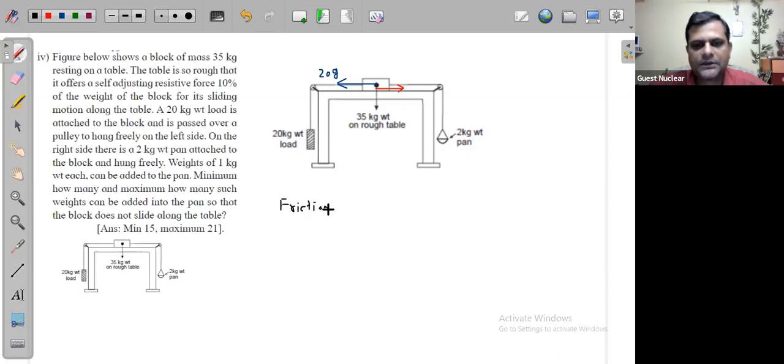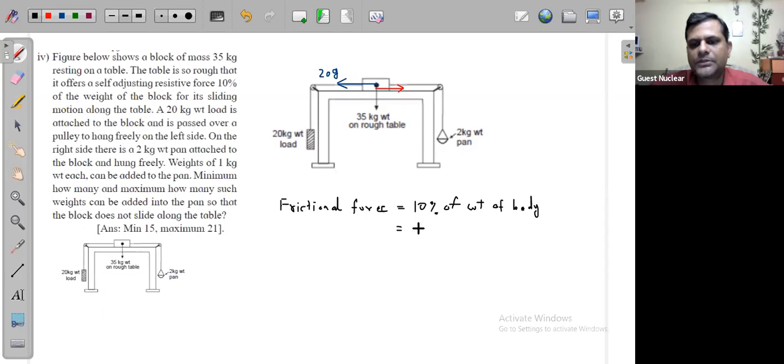Frictional force acting on the body, it is actually given to be 10% of the weight of the body. Correct है? So that means we have to find out the 10% of the weight of the body.